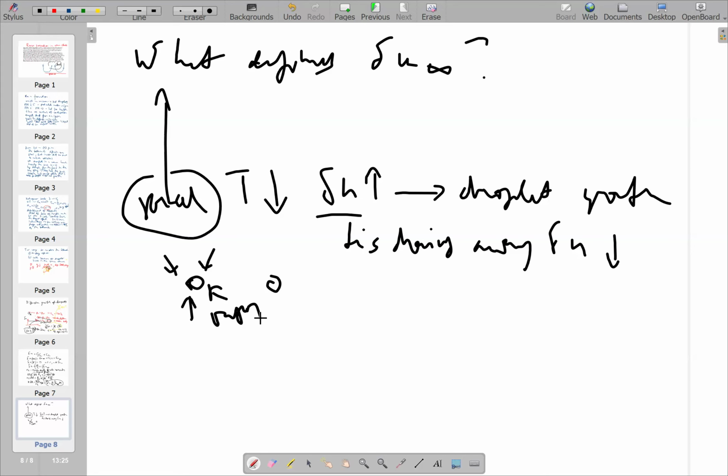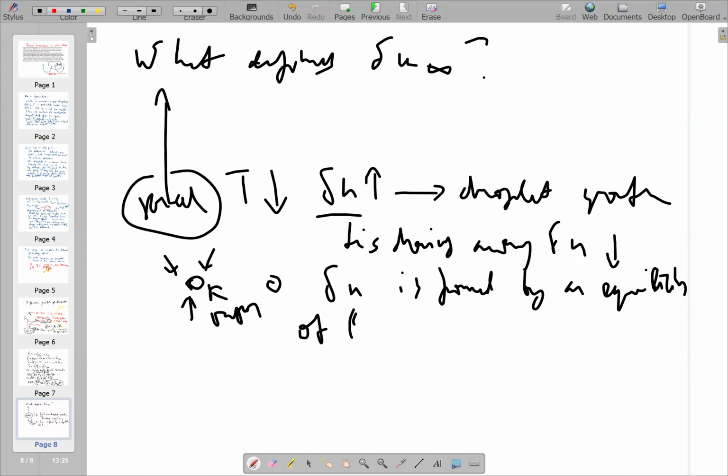So there will again be a kind of equilibrium. We have an equilibrium between two effects that forms dn. A is the dew point temperature derivative with respect to time. If a parcel goes up, the dew point goes down, and the dew point is decreasing. So how negative is this temperature derivative?